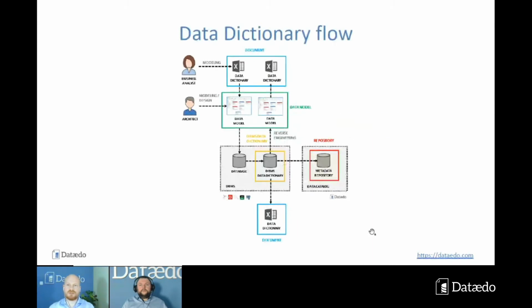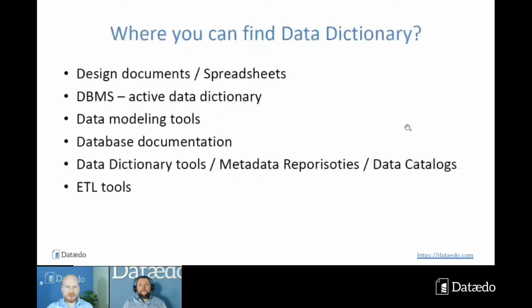You can find it in some documentation of physical databases exported somewhere to Excel or HTML. You can find it in other metadata tools like data catalogs or metadata management tools. So it's not just one repository in any organization. It has a lifetime.